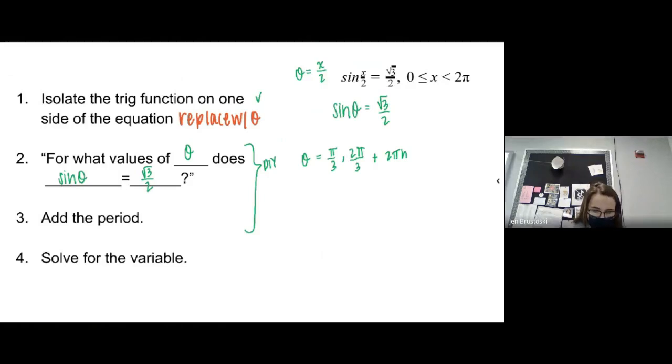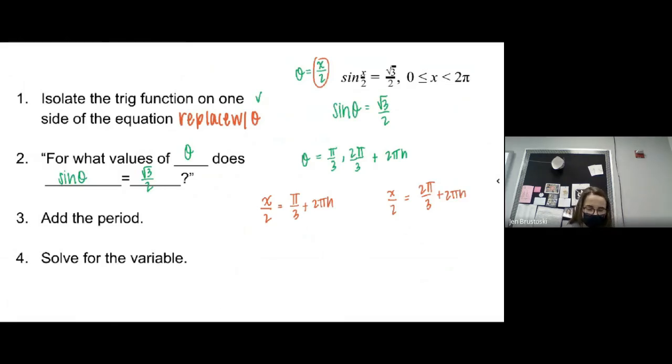All right, so we're going to go back and set up our 2 equations. So I'm going to replace this back. So I have x over 2 equals pi over 3 plus 2 pi n, and x over 2 equals 2 pi over 3 plus 2 pi n.